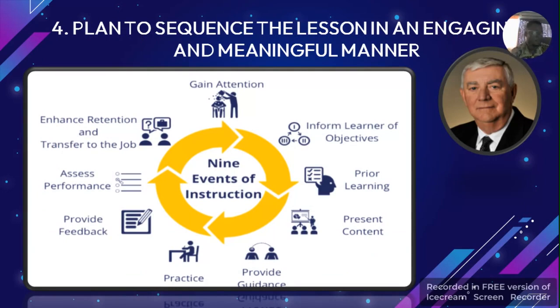He said that 1, you have to gain the attention. 2, inform learner of the objectives. 3, prior learning. 4, present the content. 5, provide guidance. 6, practice it. 7 is provide feedback. 8 is assess the performance. And the 9th one is to enhance the retention and the transfer of the learning.